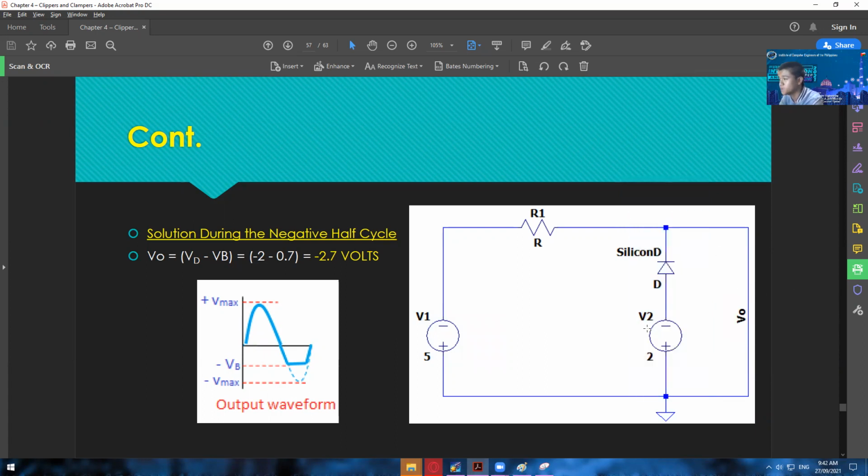So we have negative 2 plus negative 0.7. Again, just consider those outer signs, and then you will get the correct sign and the correct value of your voltage, which is negative 2.7. Okay, so are we clear with this one?